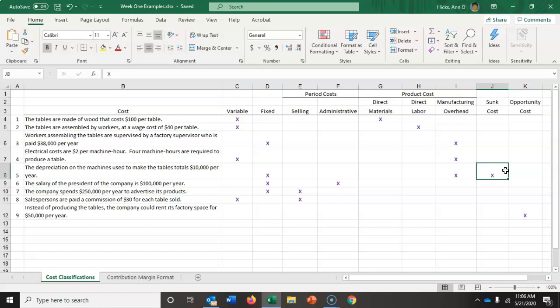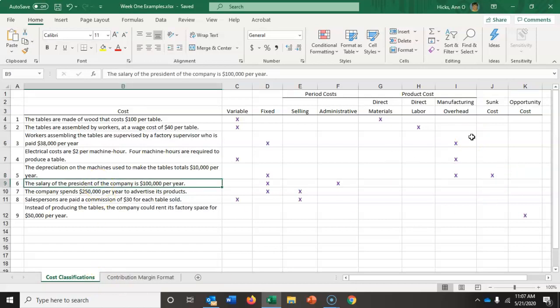If we were trying to decide whether to continue manufacturing or not continue manufacturing the tables, the original cost and therefore the depreciation would not be relevant. Now, if we were deciding on that and we were talking about, well, if we quit using the machines, we could sell them for $4,000. That's a different ballgame. That resale price would indeed be a relevant cost.